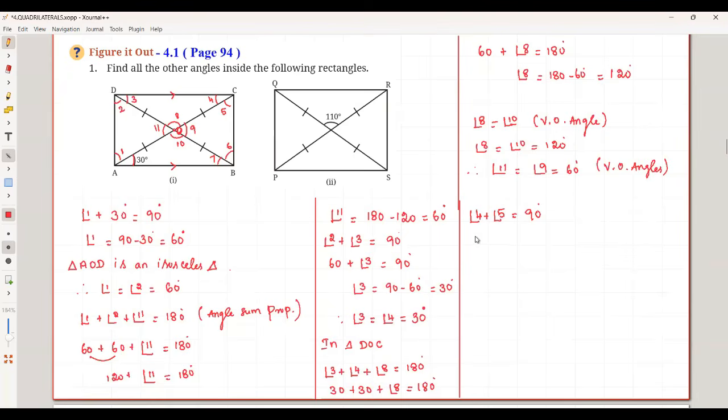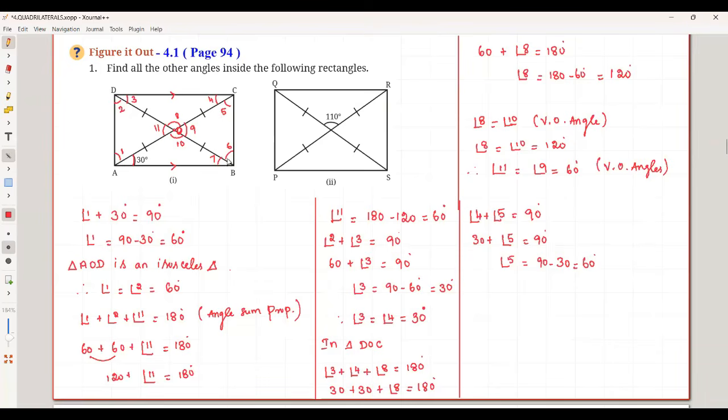Angle 4 is equal to 30 degrees. So 30 plus angle 5 is equal to 90 degrees. Angle 5 is equal to 90 minus 30, which is 60 degrees.